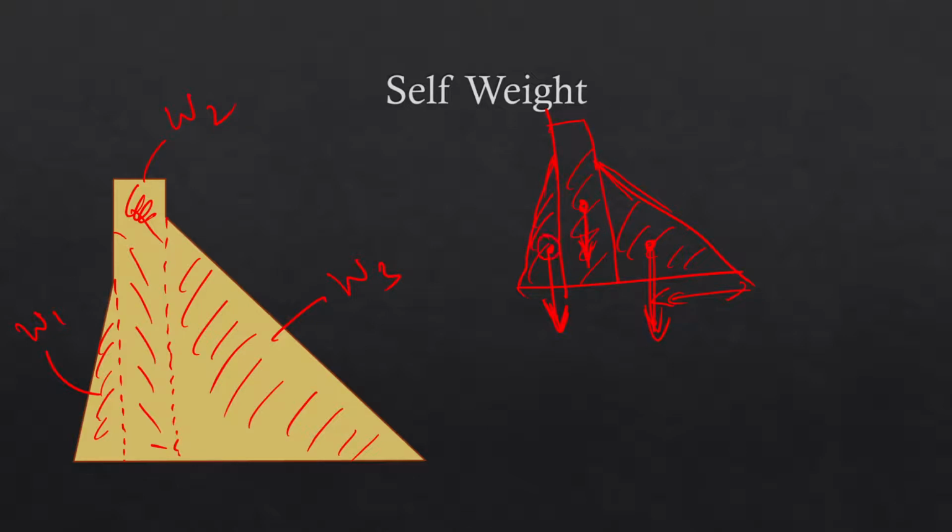These are the centers of gravity of these sections. Again, to calculate the actual weight, we simply have to find out this area, multiply it with the unit length, and then multiply it with the gamma, or specific weight, of concrete or masonry. So this is how we calculate the self weight.